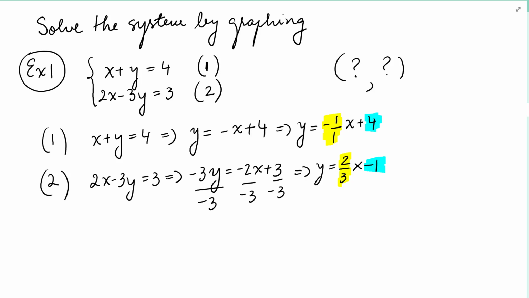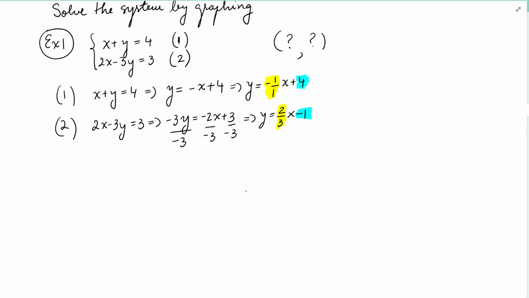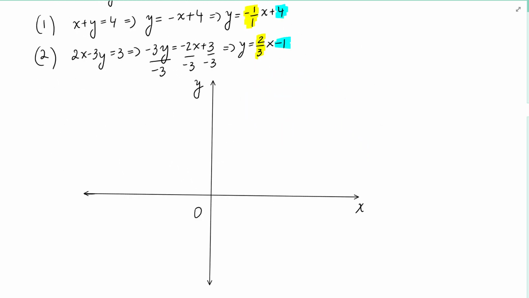So let's draw each of these equations in a coordinate plane. So we have the coordinate plane, the x-axis, the y-axis. And I want to graph the first equation. Let's not forget this is the first equation and this is the second one. In order to graph the first equation, we start at 4, which is the y-intercept. So 1, 2, 3, 4, and we bubble that.